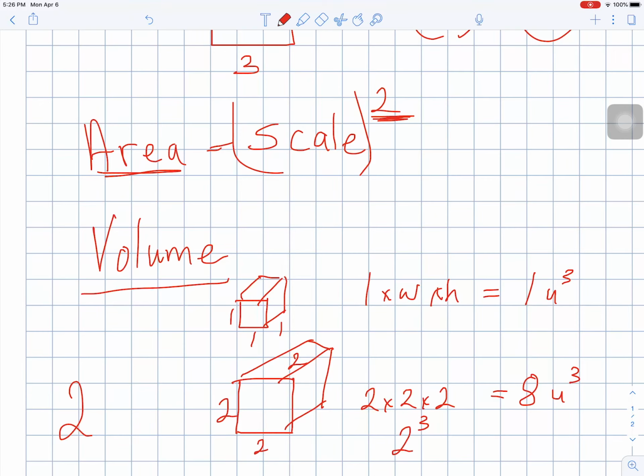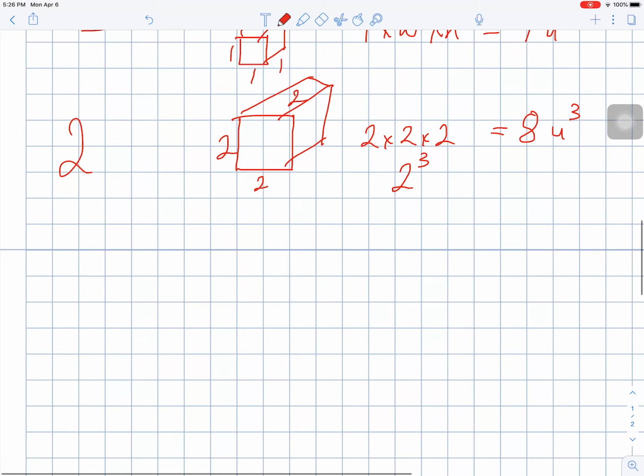So when you're looking at volume, that would equal our scale, what we're going to enlarge it by, cubed. Okay, they're going to throw a few curveballs at us, so let's take our way through that.